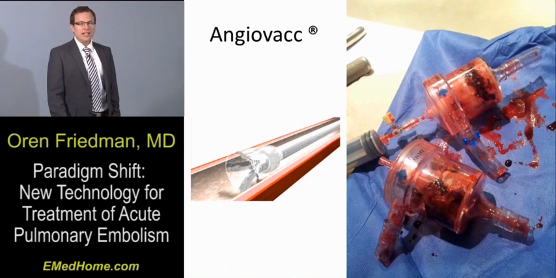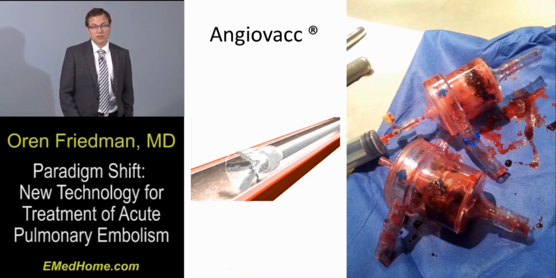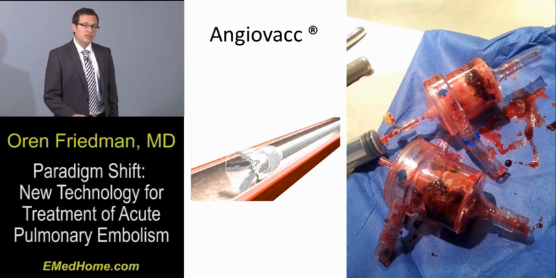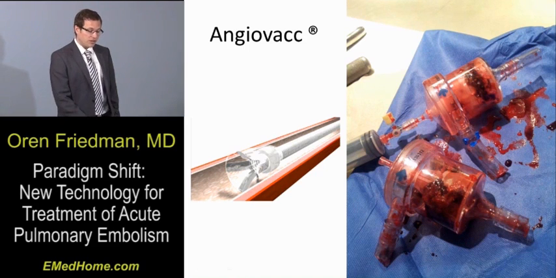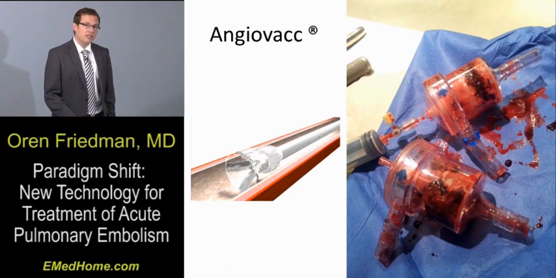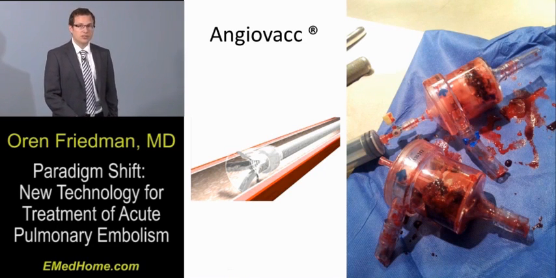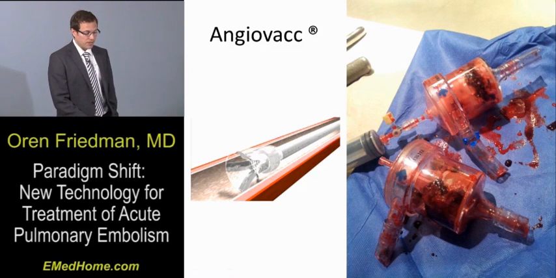Okay, a couple words about the AngioVac device. This is a clot aspiration device. It works off of basically a veno-venous ECMO circuit. A 26 French sheath is placed usually into the femoral vein. The device is attached to a series of tubing that connects it to a rotor pump through a filter, and then the blood is returned back through a separate venous catheter, usually through the internal jugular vein.